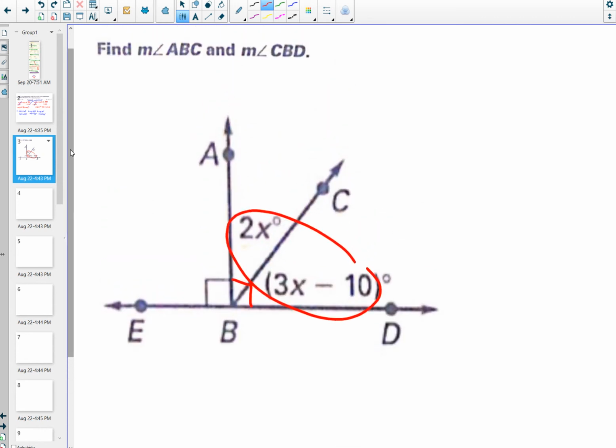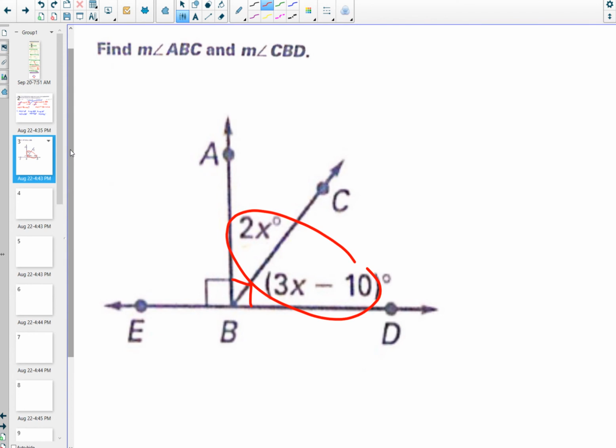But I can't find those angles without knowing x. How did you learn to find an unknown number in Algebra 1? Equation. You have to write an equation, and then you solve it. There's the applied algebra. We have to use our geometry properties to write that equation.